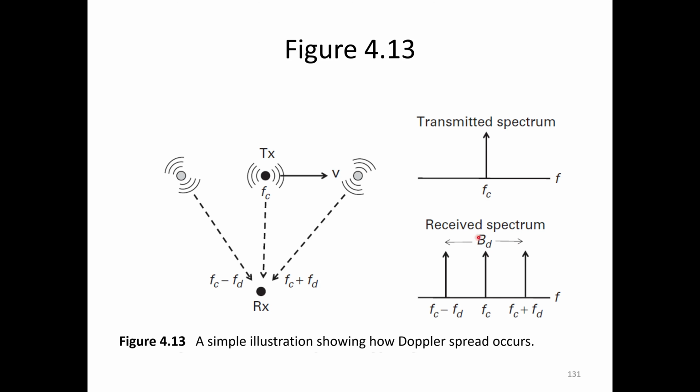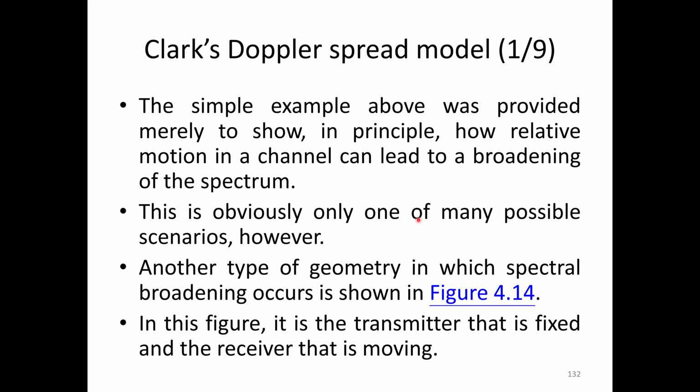Okay, its bandwidth is equal to BD. This is obviously only one of many possible scenarios, however. Another type of geometry in which spectral broadening occurs is shown in figure 4.14.